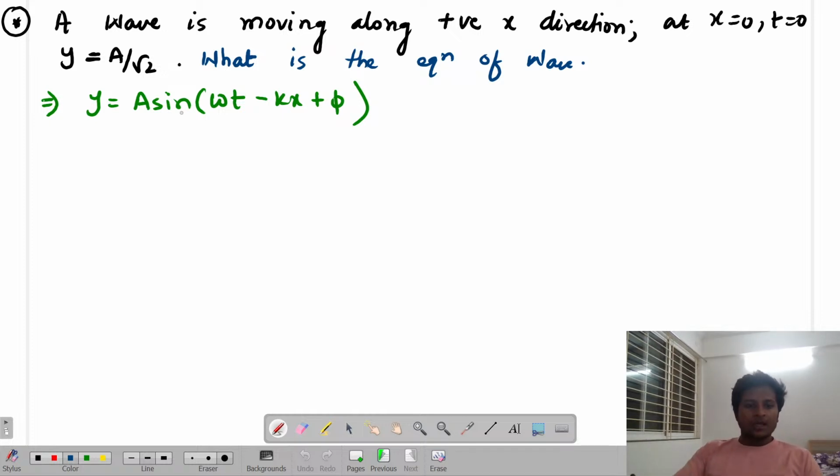Now, look carefully. When we put x is equal to 0, t is equal to 0, we will get y is equal to a sine phi. Now look over here. If I put t is equal to 0, x is equal to 0, the y value is a by root 2.